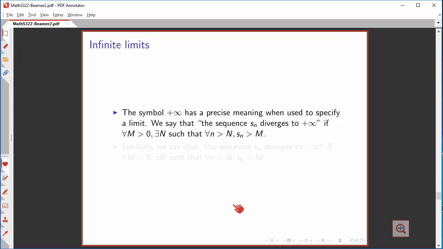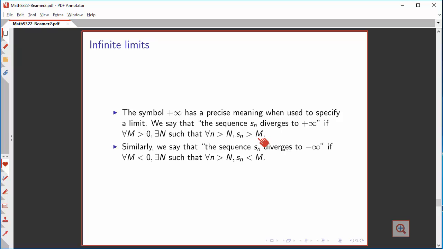No matter how large a positive number you choose, you might choose 1,000, I can find a capital N such that once you go beyond that point in the sequence, I choose n equals 2,000, every element of the sequence beyond the 2,000th element would be greater than your 1,000. Notice that in order for a sequence to diverge to infinity, the elements of the sequence have to become and remain greater than any positive number.